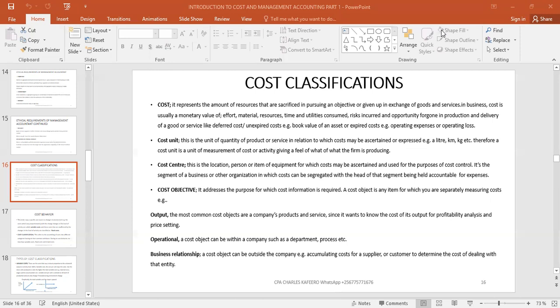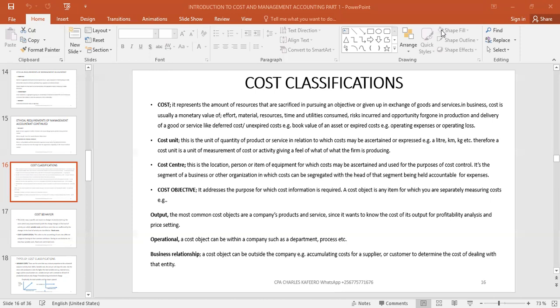Then there is also a cost center. A cost center, as you hear the word center, it's like a collection point. It can be a process, it can be a department, it can be an output. But as a whole, when we talked about the cost unit, we said it is per unit, but this one is for the whole units we produced.